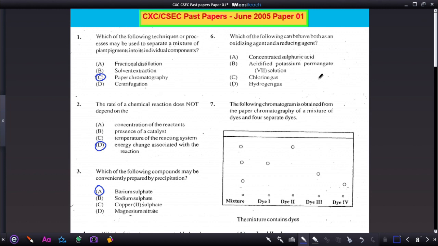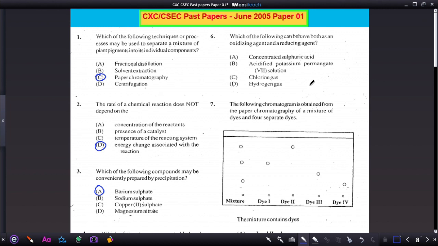But let us look at why sulfuric acid and potassium permanganate and the others would not be reducing agents. Alright, so let us look at the definition of an oxidizing agent and a reducing agent. An oxidizing agent causes another species to undergo oxidation while itself is being reduced, meaning that itself is gaining electrons.